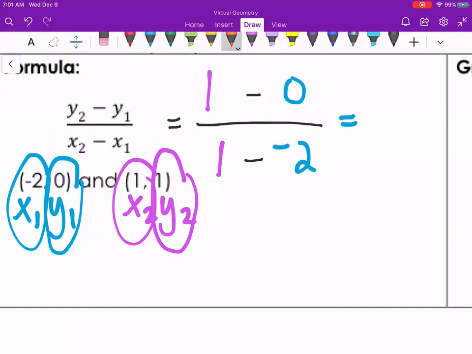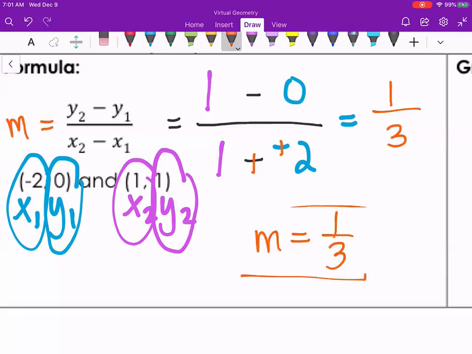So one thing to remember, if we have minus a negative like we do down on the bottom of this fraction on your denominator, that's going to have to become a plus. So now let's clean this up. 1 minus 0, a 1. 1 minus negative 2 is the same as a 1 plus 2, which is a 3. Meaning my slope, my m, is 1/3.